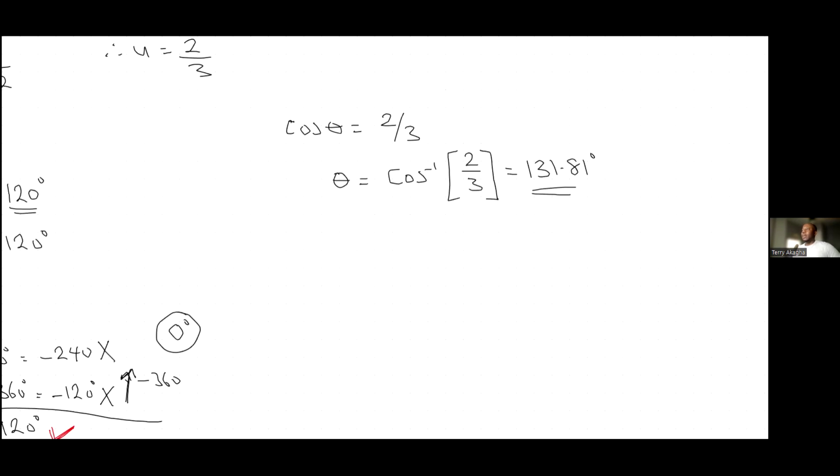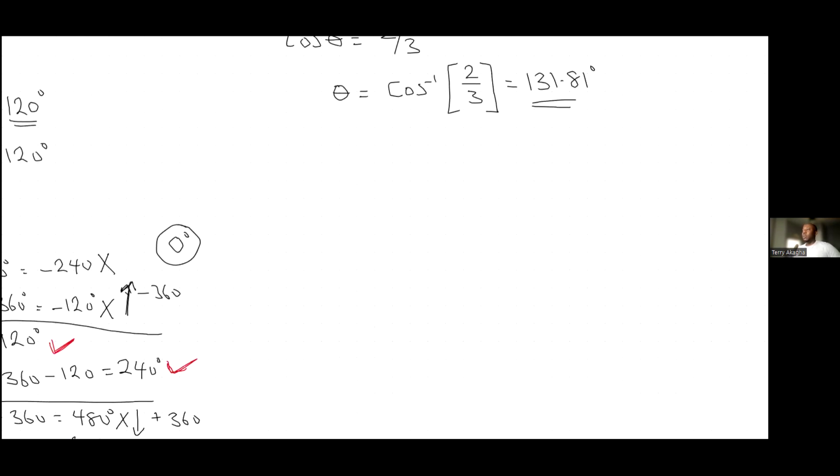When you do that, you now get your first angle. So as usual, the first angle is going to be 131.81 degrees. Then the second angle, for cosine, is 360 minus the first angle.